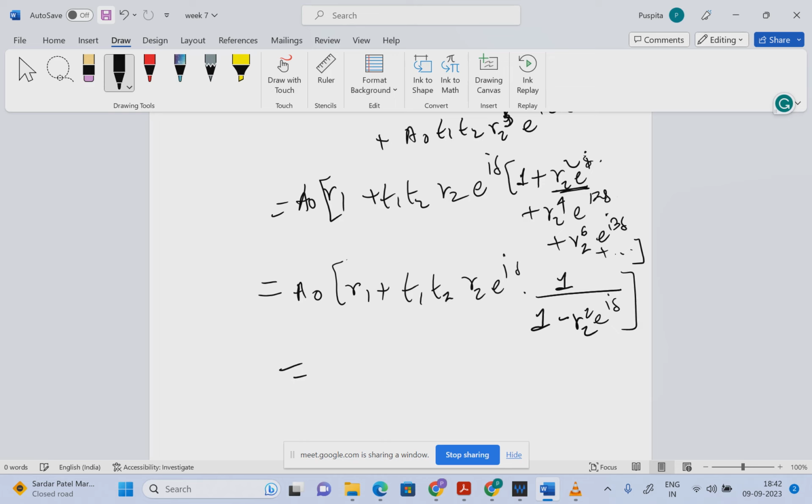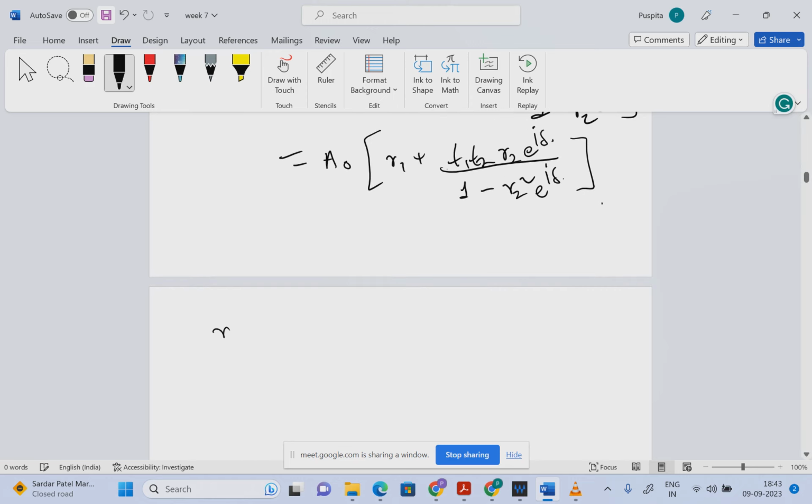So AR equals A naught R1 plus T1 T2 R2 e to the power i delta by 1 minus R2 square e to the power i delta. We have already seen that R1 is equal to minus R2 and T1 T2 is equal to 1 minus R1 square. R1 square is equal to R2 square, which can be written as R, the reflectivity at each interface.